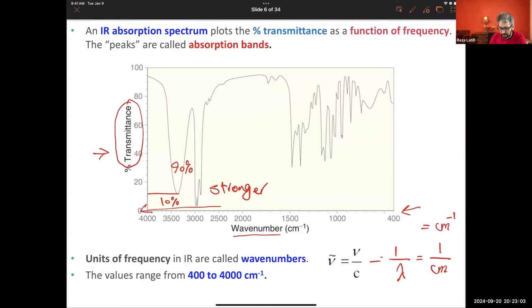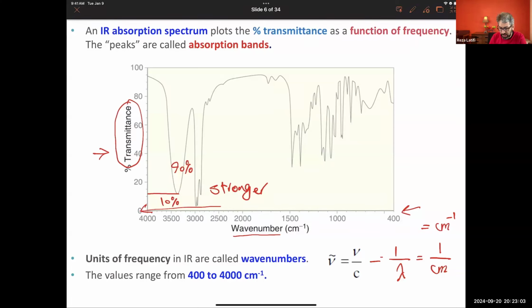And what's the K? It's a constant number equal to F, and you can call it the force constant. Next, as the bond gets stronger, you need to apply a higher amount of energy to stretch it. Like imagine you have a spring and you want to pull the spring. As you make the spring thicker, you need to apply higher force to pull it or stretch it.